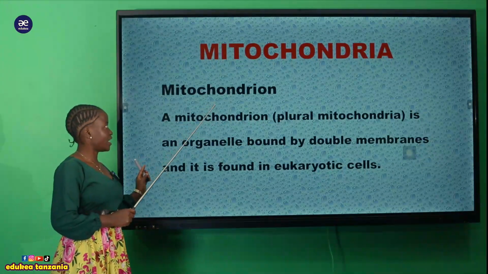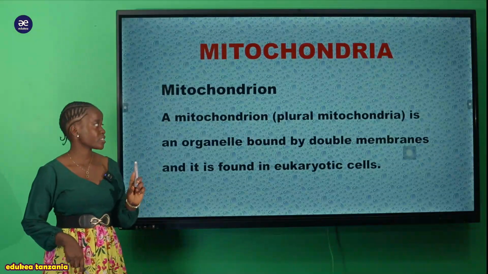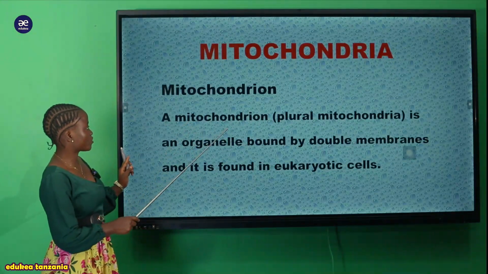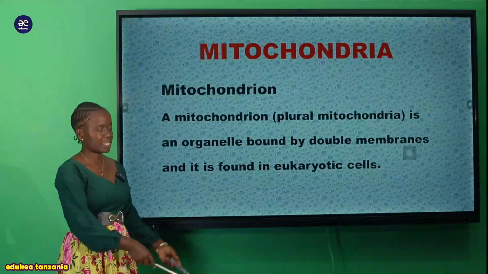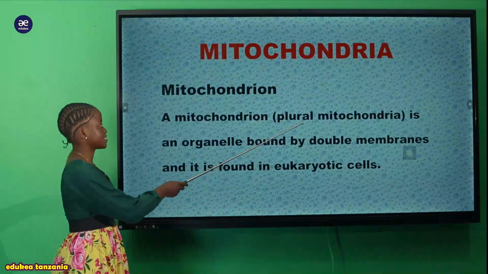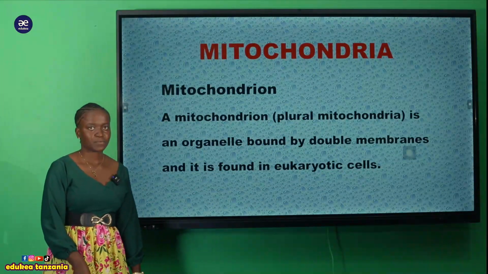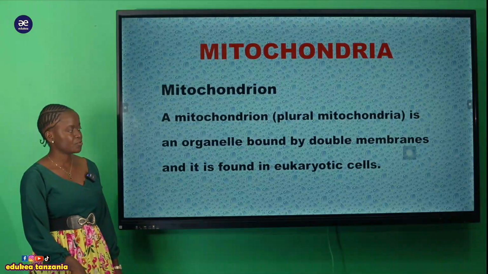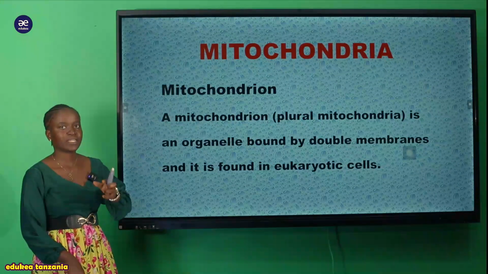Simply, we say it is called a mitochondrion when it is singular, and mitochondria is the plural. So when we say mitochondria, it means they are many.